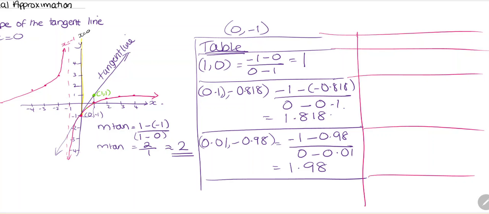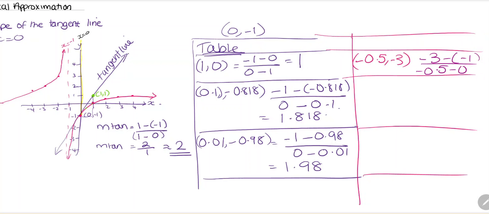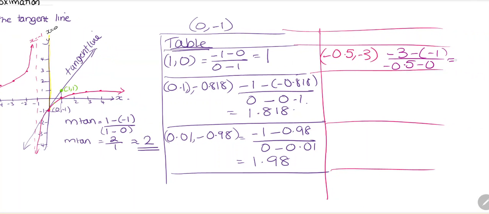If we choose minus 0.5 and minus 3, then we will have minus 3 minus minus 1 divided by minus 0.5 minus 0, which will give us 4.